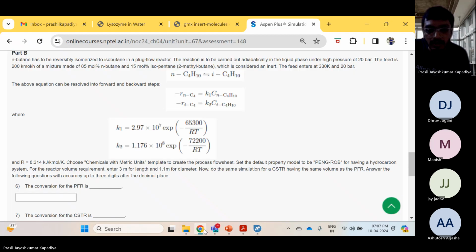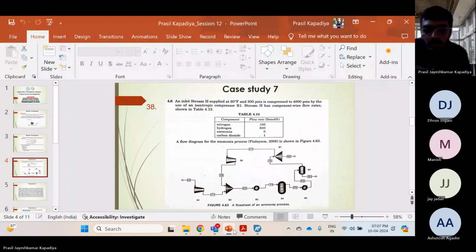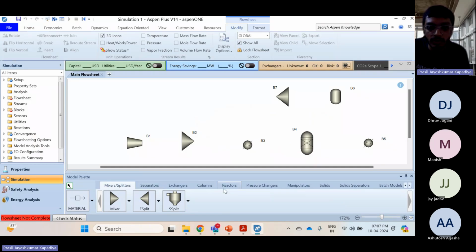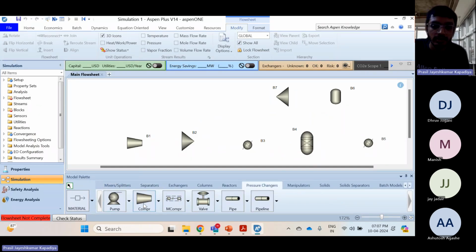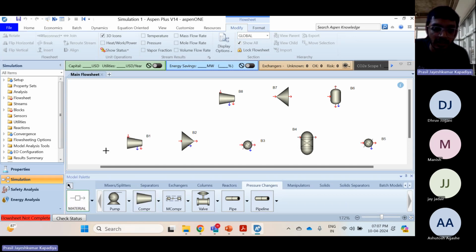Sorry, then it is a compressor again. So we'll go to pressure changer and add compressor. Okay, I hope you added these equipments.